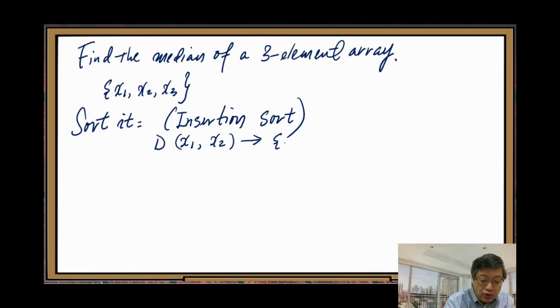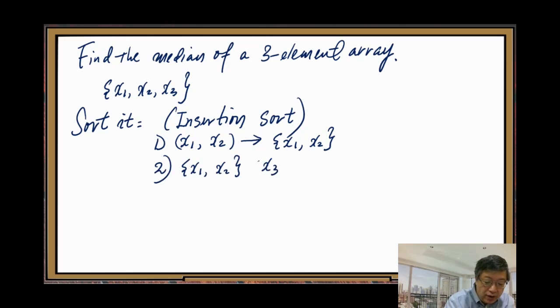Suppose we get x1 first, then x2 second. Step 2, we insert x3 into somewhere in the array. Here we consider the worst case.